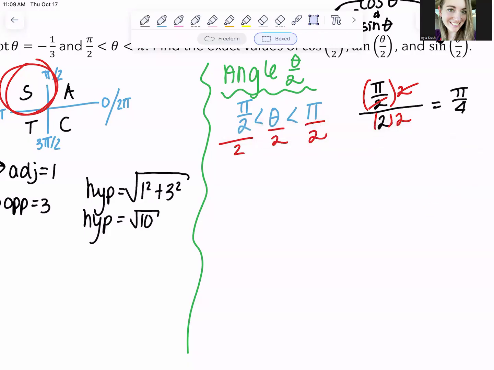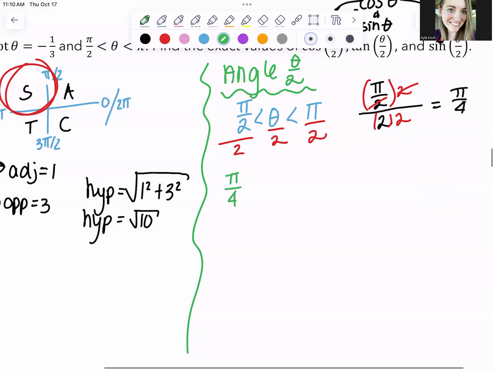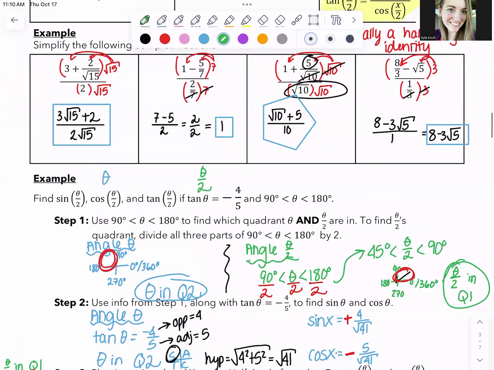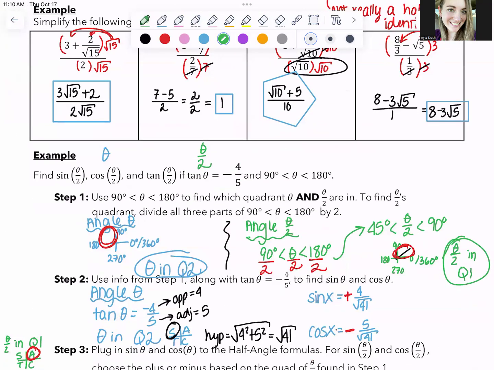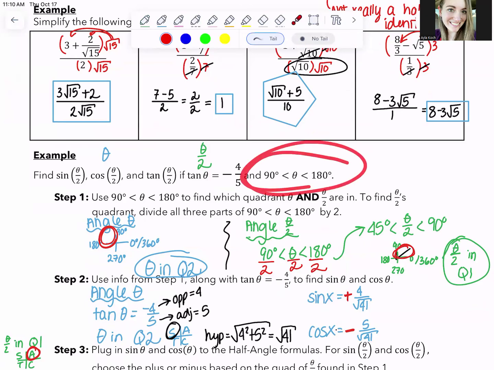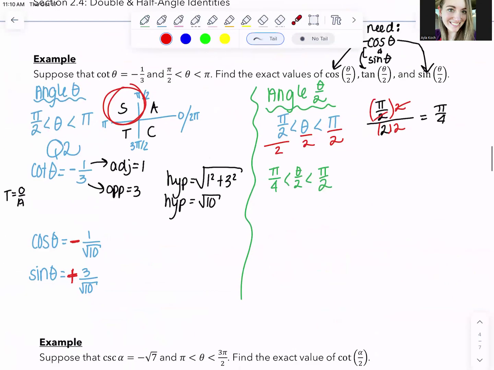All right. So you have pi over 4 is less than theta over 2. Theta over 2 is less than pi over 2. This is actually the same exact setup that we had in this problem up here, because being in quadrant 2, this is just the equivalent statement in radians.